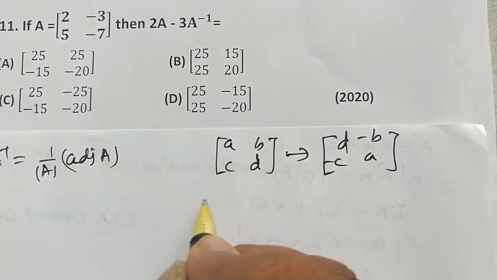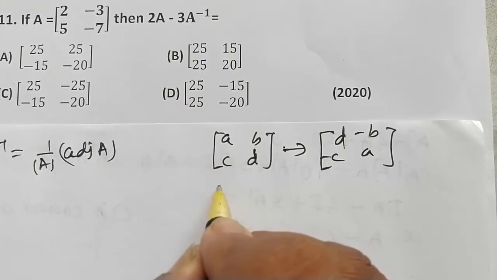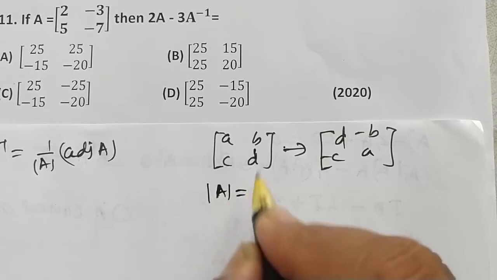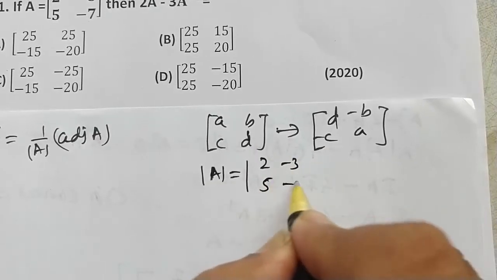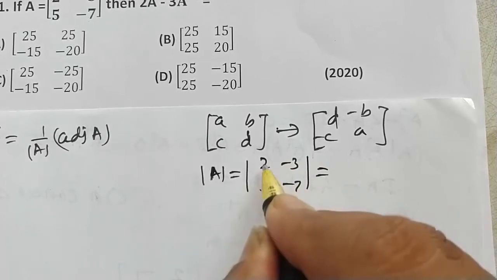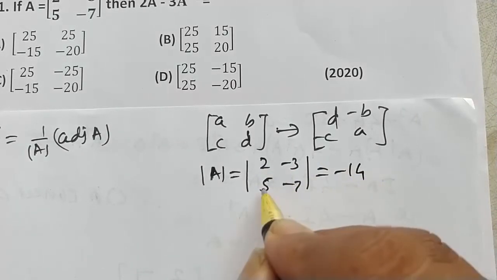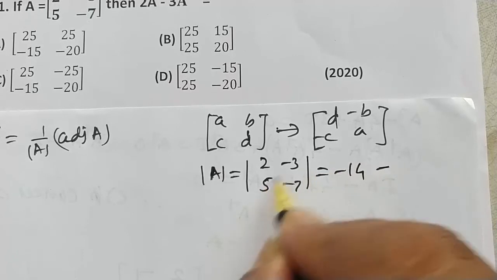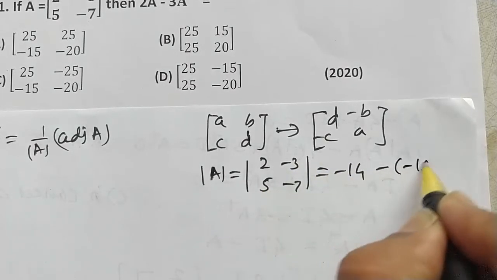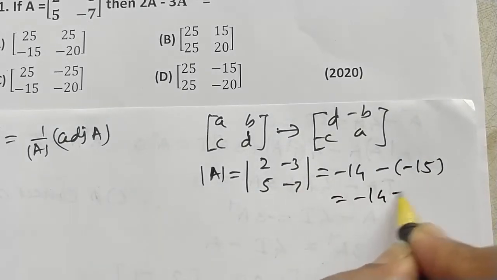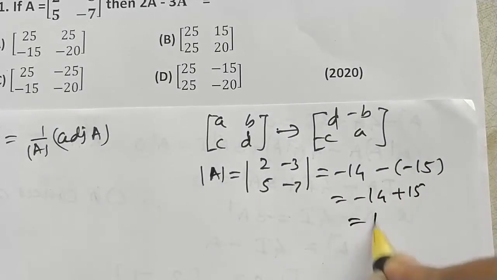The determinant of the given matrix [2 -3; 5 -7] is 2 into minus 7, that is minus 14, minus 5 into minus 3, that is minus 15 subtracted, so it is minus 14 plus 15, equal to 1.